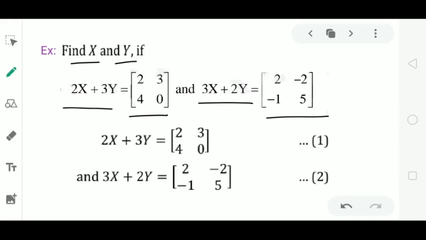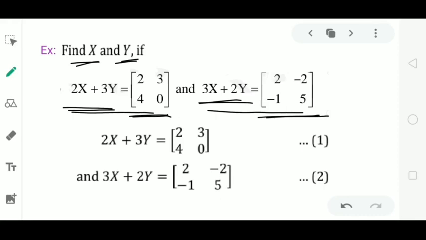Again here, 2x plus 3y represents a matrix. 3x plus 2y represents a matrix. And the question is to find x and y, which are matrices. How can you find these matrices? Again here you have to solve these two equations.